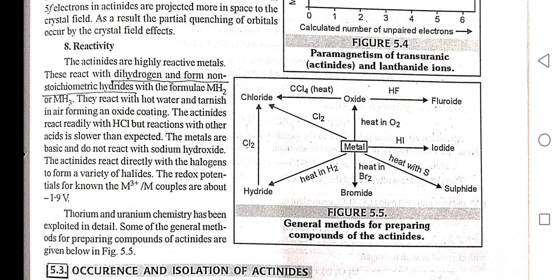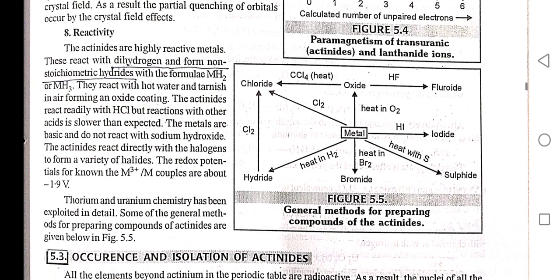They react with hot water and tarnish in air, forming an oxide coating. The actinides react readily with HCl, but reaction with other acids is slower than expected. The metals are basic and do not react with sodium hydroxide. The actinides react directly with the halogens to form a variety of halides.